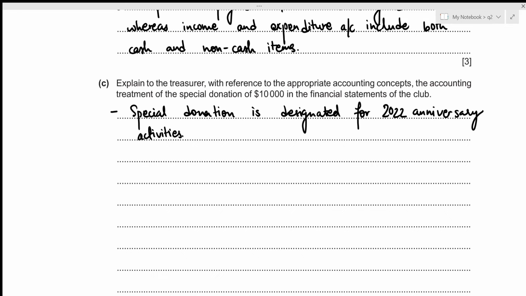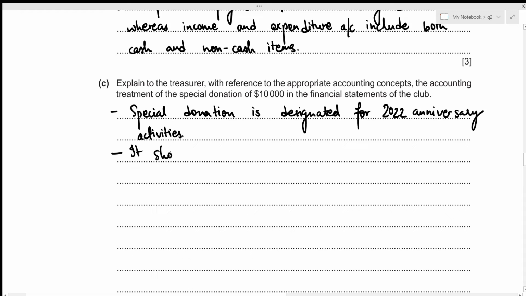And since it is to be utilized as an expense for the year 2022, it should be deferred and to be recognized as an income in 2022, right? And this is the case because we are following our matching concept, which tells us that we need to match income with expenses. So in this case, we're just trying to match the income of this special donation with the expenses for the 2022 anniversary activities. So let's write it down.